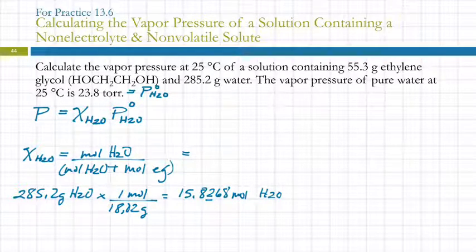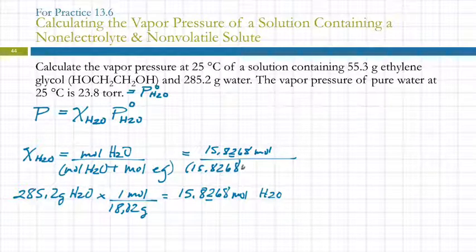So we can plug that in here, 15.8268 moles divided by that plus something else. Ethylene glycol, that is in antifreeze, 55.3 grams.